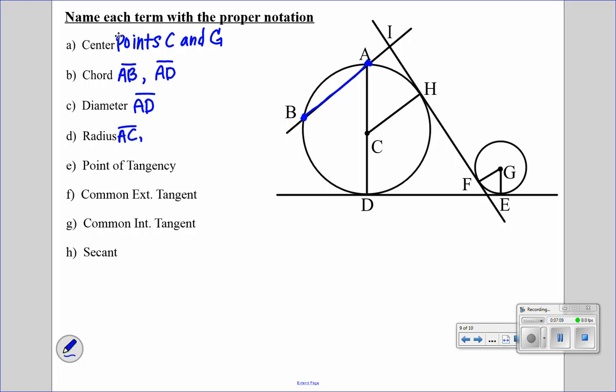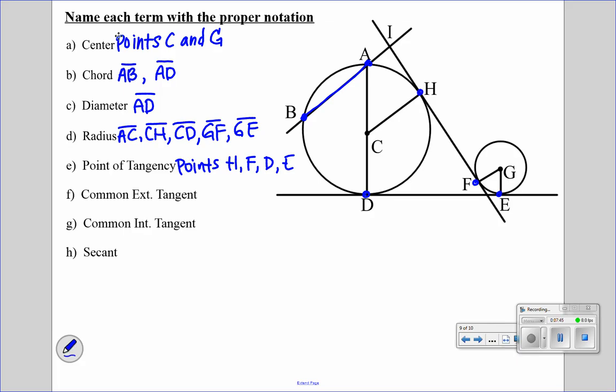Line segment AC, CH, CD, GF, and GE. We have 5 of those. Points of tangency would be points H, F, D, and E. All points of tangency, where a tangent line touches the circle once.